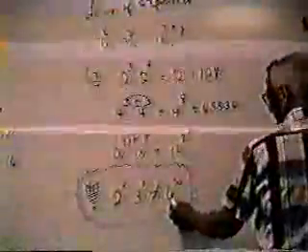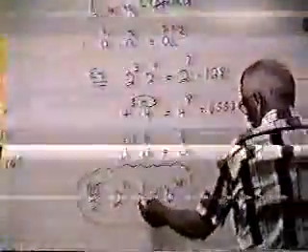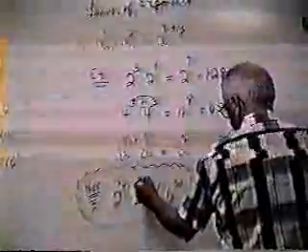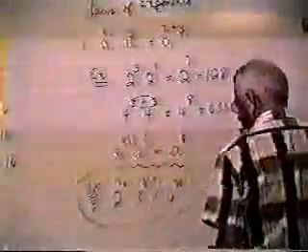2 to the 4th times 3 to the 5th is not 6 to the 20th. You do not multiply these together. Now the correct answer to this would be 2 to the 4th power, you just come in here and work this out. Just go back and replace that with 16, and then replace 3 to the 5th power with 243, and then you just have to multiply those numbers together.